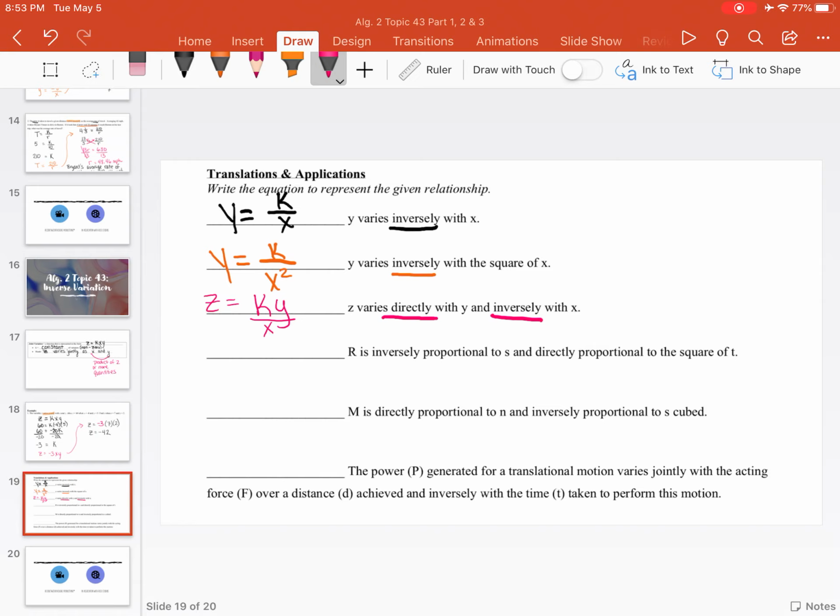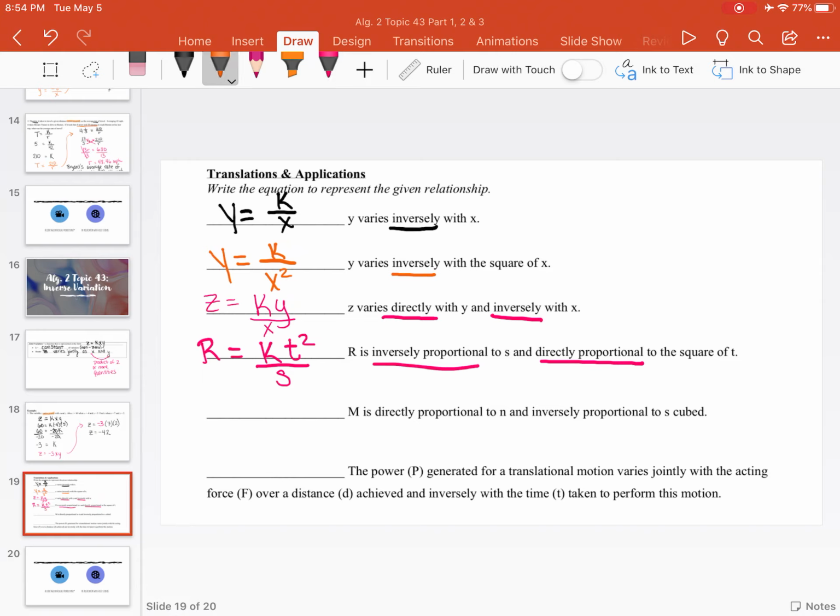Next, r is inversely proportional to s, but directly proportional to the square of t. So r equals k times t squared, but it's inversely proportional to s, so it's divided by s.